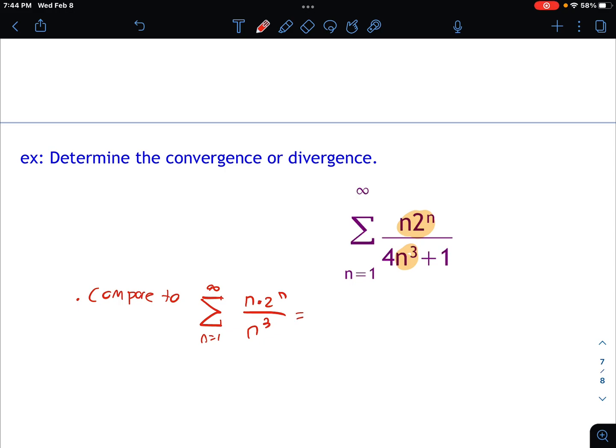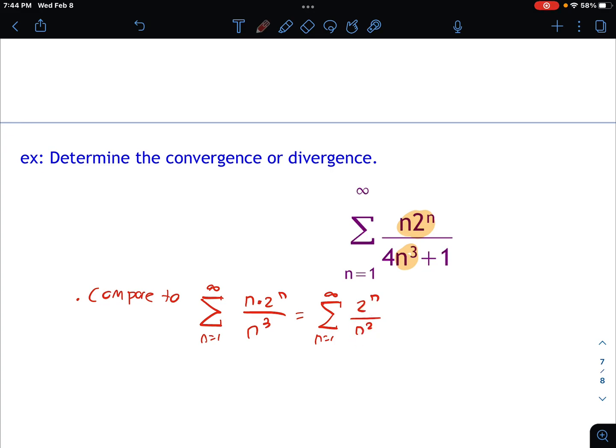Right? We know that we have this n in our numerator and we have an n in our denominator. So we're going to get 2 to the power of n over n squared. Okay? And so with this, we have 2 to the n over n squared. What's super nice about this is we know that the numerator is going to grow way faster than the denominator.